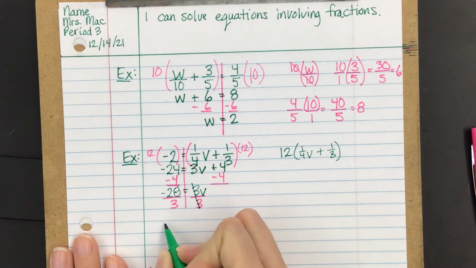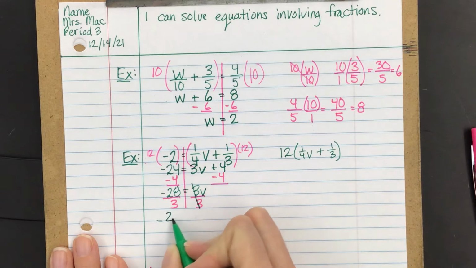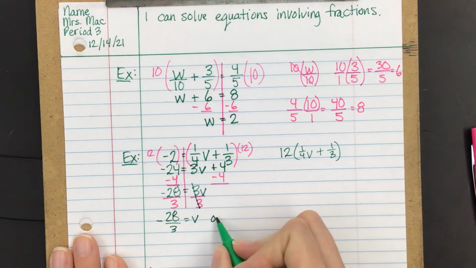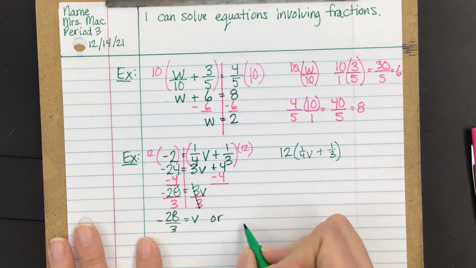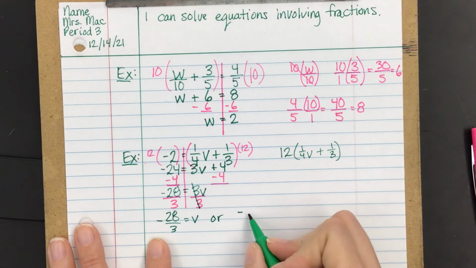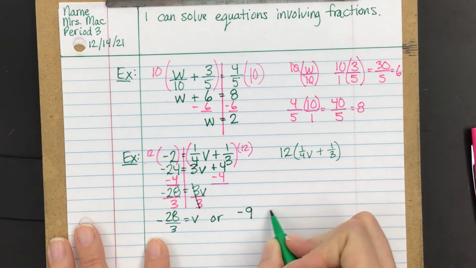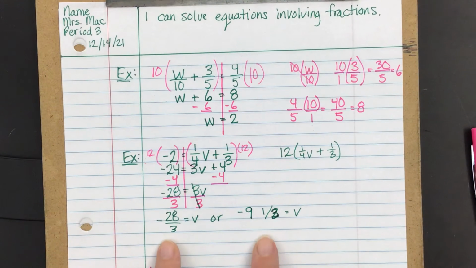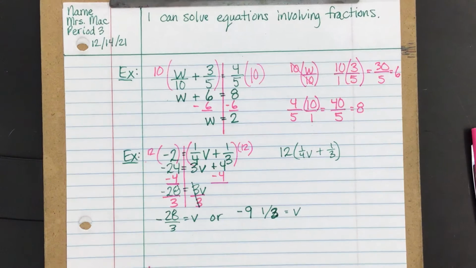So you can put it in the answer checker as negative 28/3, or you can switch it to a mixed number and do negative 9 space 1/3, not half, 1/3. Okay, I set up the answer checker so that it will take the improper fraction and the mixed number. So whichever one you want to put in is fine.